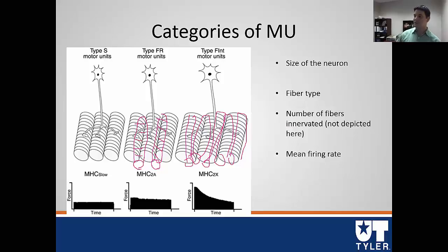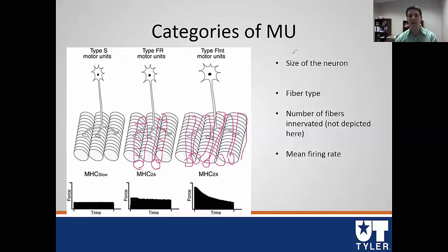What the size of the neuron and the muscle fibers that it innervates ultimately determines is the mean firing rate, or the number of times that neuron will fire per minute. The smaller the neuron, the easier it is for that neuron to depolarize.